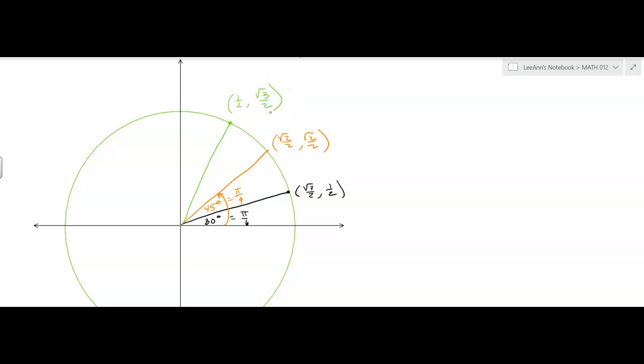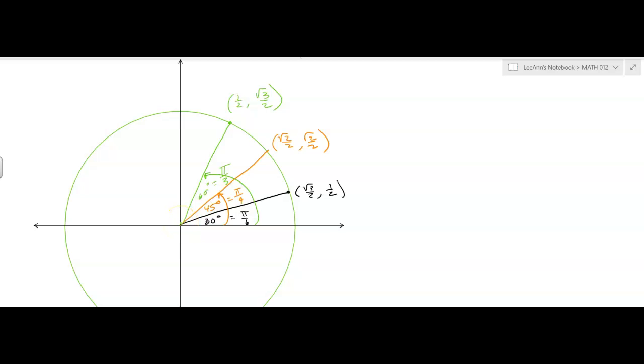Now this all comes from the sine and the cosine being y and x, okay? Anyway, that is 60 degrees, and that is pi over 3. So we know the sine and cosine for 30, 45, and 60 degrees, right? Okay, now we have to go to the next quadrant.